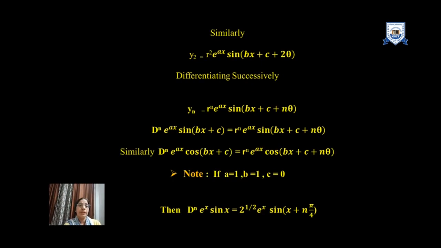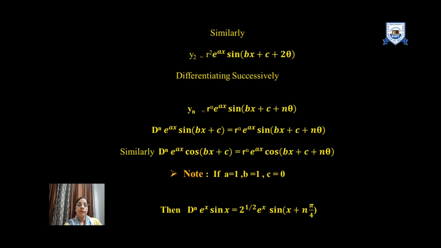Similarly, we can differentiate this again and y2 will be r square e to the power ax sin bx plus c plus 2 theta. If we differentiate this successively, then the nth differential coefficient will be r to the power n e to the power ax sin bx plus c plus n theta. Similarly, we can derive the formula for the function e to the power ax cos bx plus c.